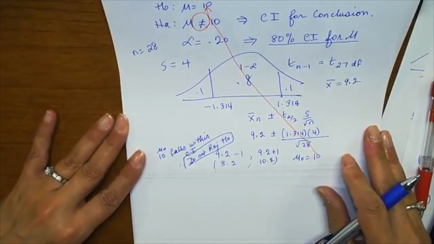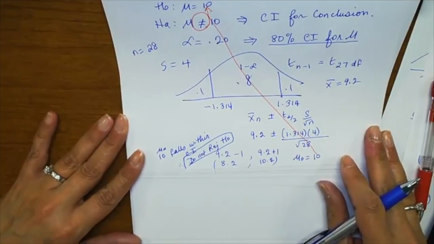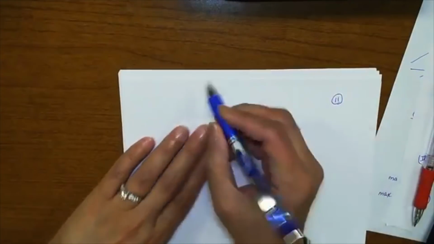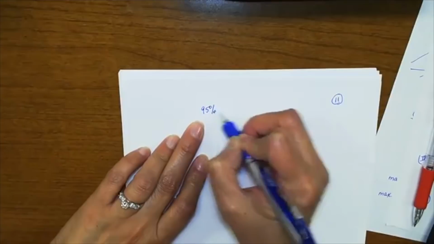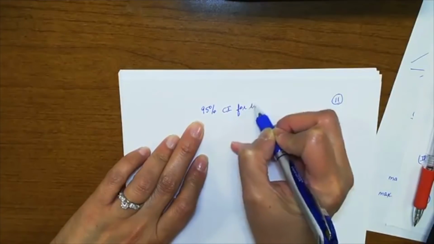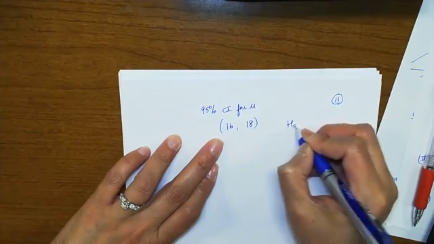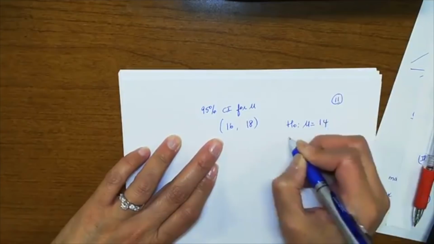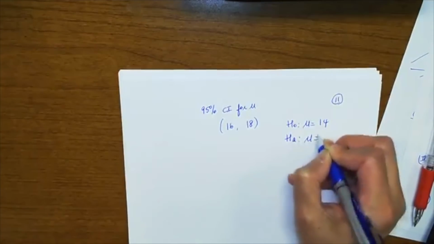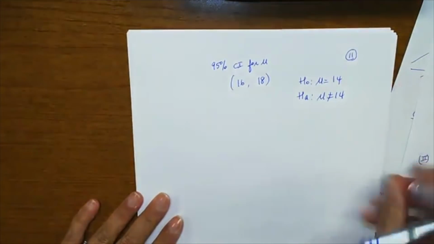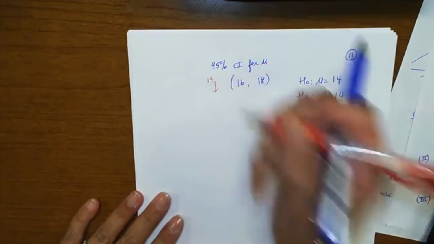We did a whole bunch of problems like that, right? So let's take another scenario. Let's say that the 95% confidence interval for mu is given by 16 comma 18, and I'm testing H naught: mu equals 14. So you just have to go and drop this number. 14 falls here.